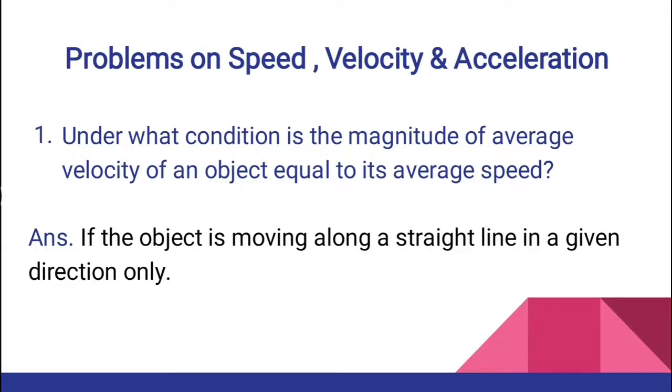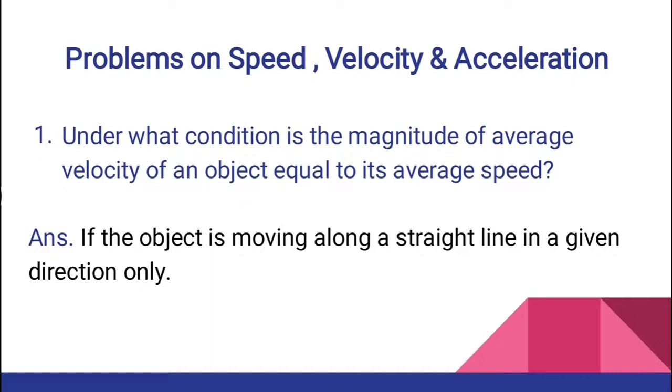Our first problem is, under what condition is the magnitude of average velocity of an object equal to its average speed? Now we know that average velocity is defined as total displacement divided by total time, and average speed is defined as total distance divided by total time. So if there is a case in which total displacement is equal to total distance, then the magnitude of average velocity will be equal to average speed.